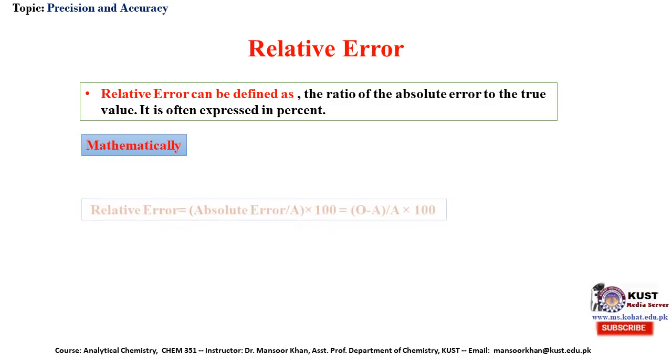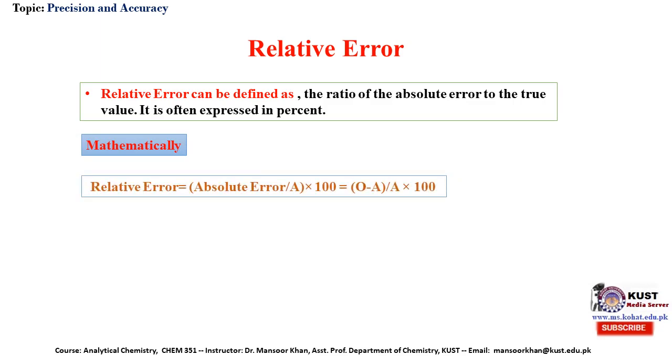Mathematically, relative error is equal to absolute error divided by accepted value multiplied by 100 or 1000. O stands for observed value and A stands for accepted value.